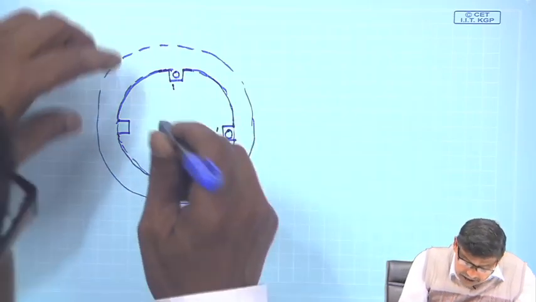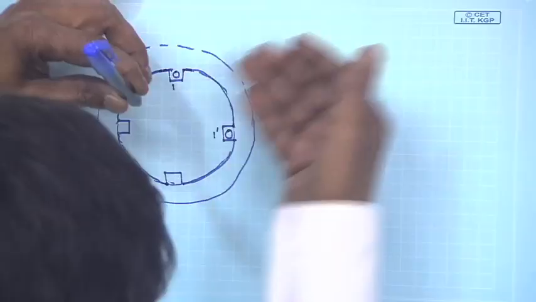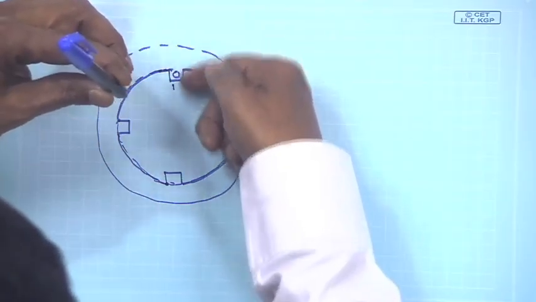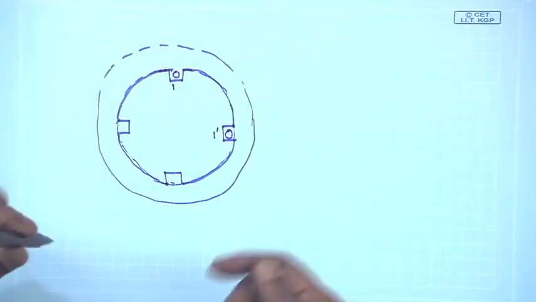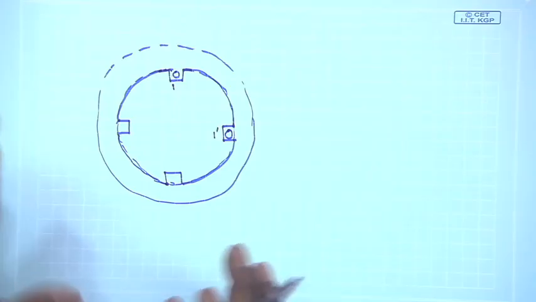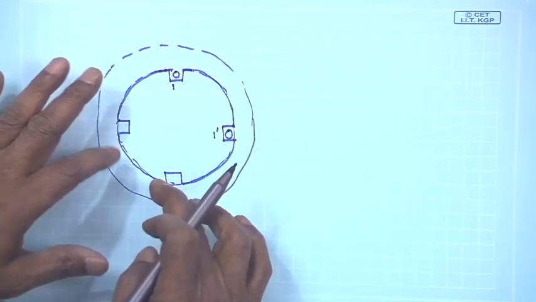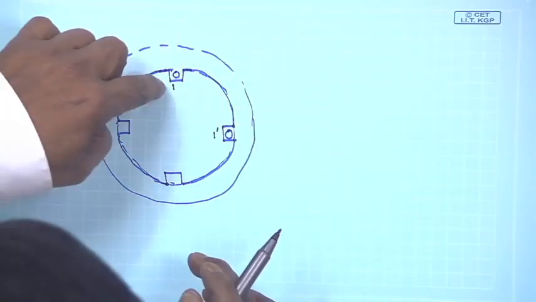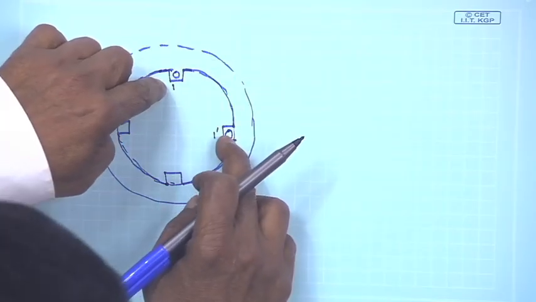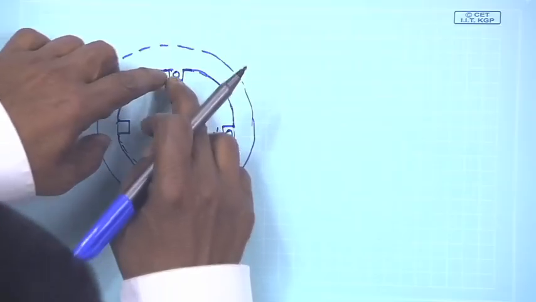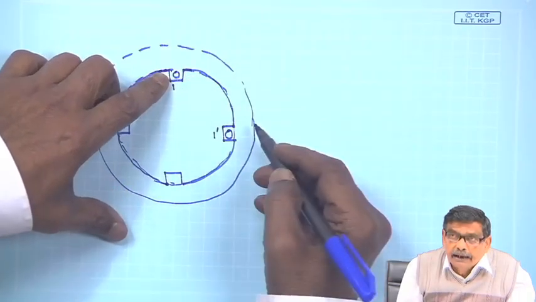Earlier, what was I doing? Here was a conductor, here was a conductor, and these two at the back I was joining to have a series connection. Now, I am telling something slightly different. Suppose you have 4 slots 90° apart, this is one, this is 1 dashed, and they are joined at the back.